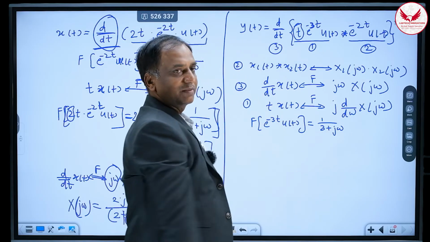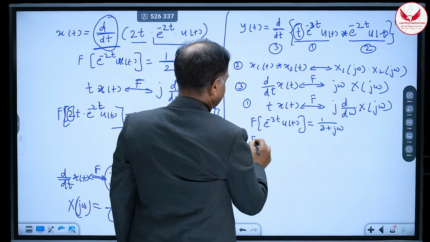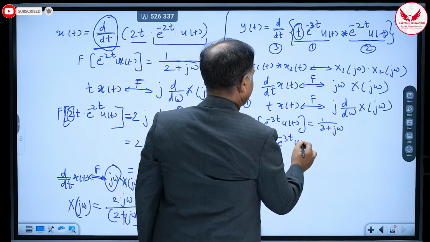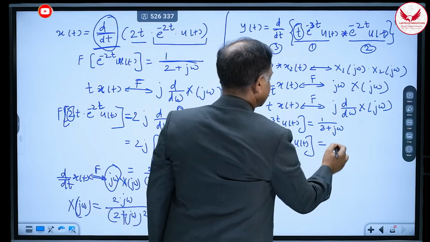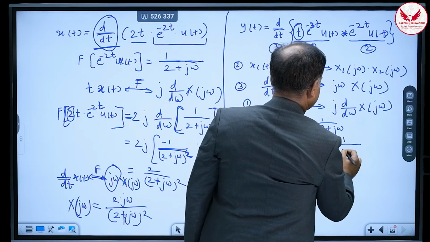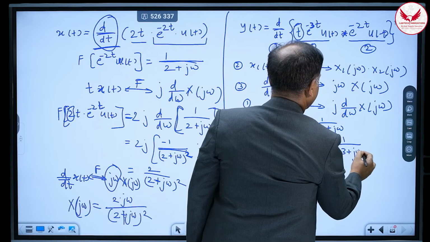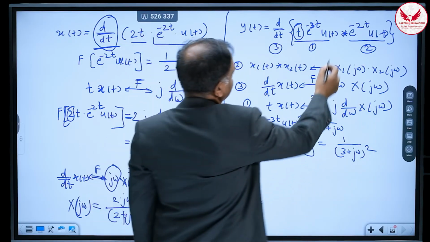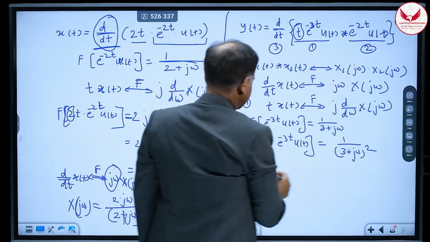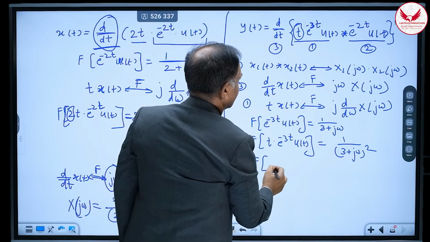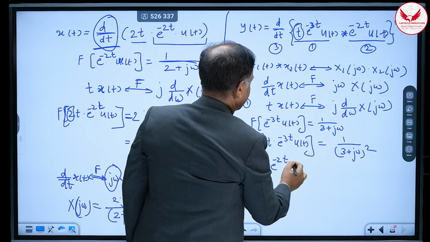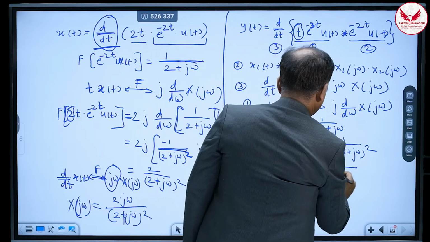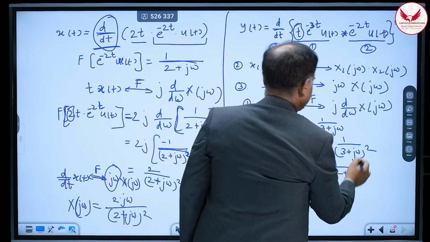When the signal is multiplied by t, the Fourier transform of t into e raised to minus 3t u of t is equal to 1 upon (3 plus j omega) square. This also we have already seen. It is the Fourier transform of this first signal. The Fourier transform of the second signal, e raised to minus 2t into u of t, is equal to 1 upon 2 plus j omega.